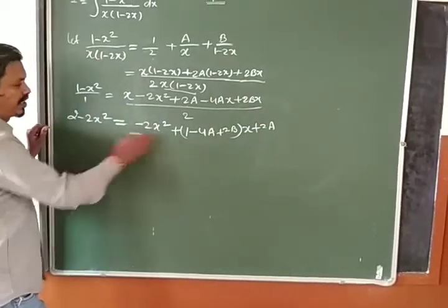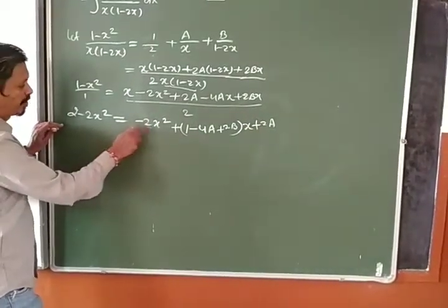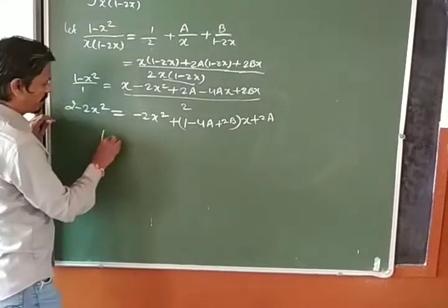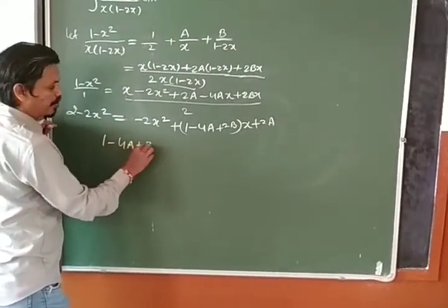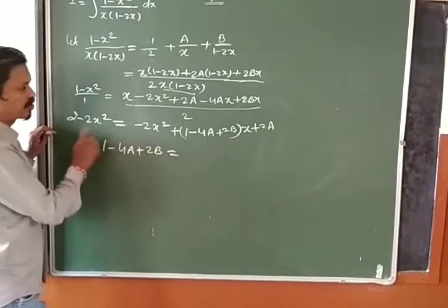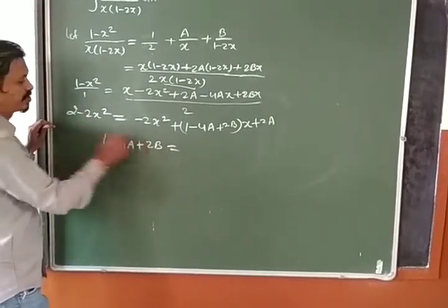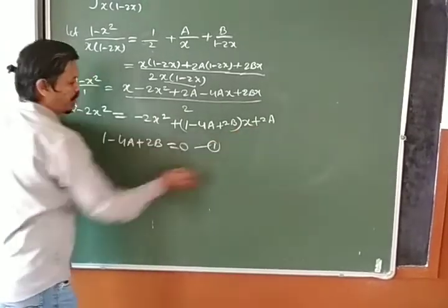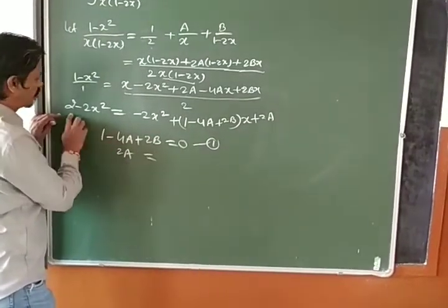Now comparing like terms, we get minus 2x square, the same thing is there. Then the x coefficient is 1 minus 4a plus 2b, and here the x term is missing, so its coefficient is 0. Then the constant term is 2a and here the constant term is 2.